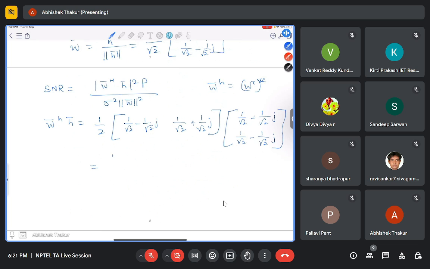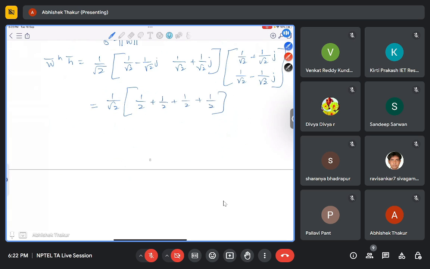After calculation, we will get 1 by 2. All the complex terms get cancelled out when you do the multiplication and expand it, so we only get the real part.